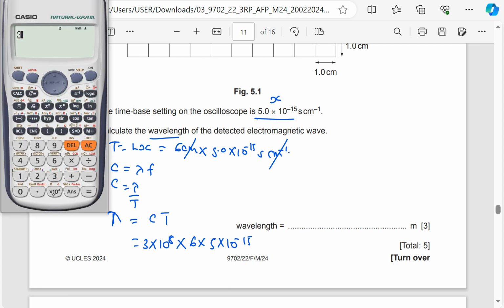So we have 3 times 10 to the 8 times 6 times 5 times 10 to the minus 15. So this is giving us 9.0 times 10 to the power of minus 6 meters.